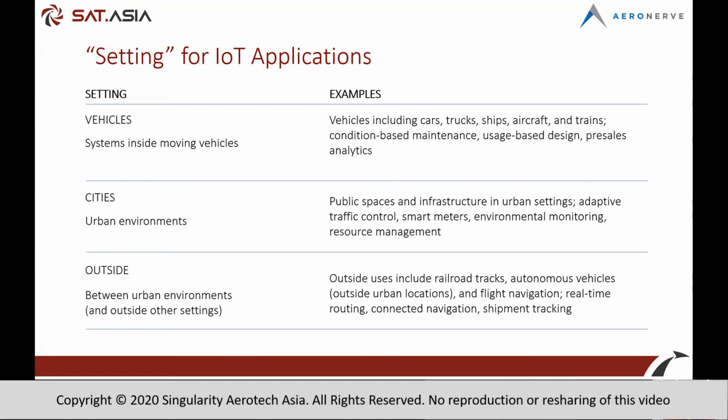Next setting is cities, the urban environment. This is especially important for local authorities, like the city council, even the state government, or even the federal government. Because they own these public spaces, where people come, and when people come, there are always associated problems, whether it's environmental problems, traffic problems, or energy usage problems.